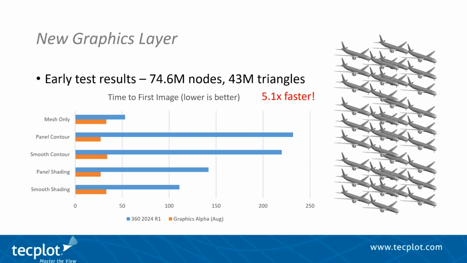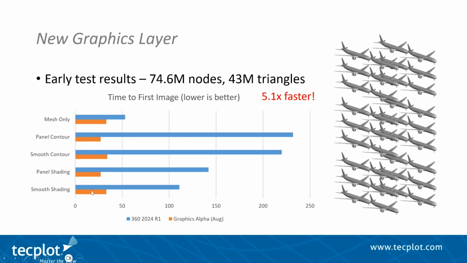duplicated the data 36 times to achieve these numbers of 74 million nodes, 43 million triangles. And on average, we're about 5 times faster to load this data and get to first image. So if we were to show only the mesh, 2024 R1 took over 50 seconds, and the graphics alpha takes about 35 seconds.